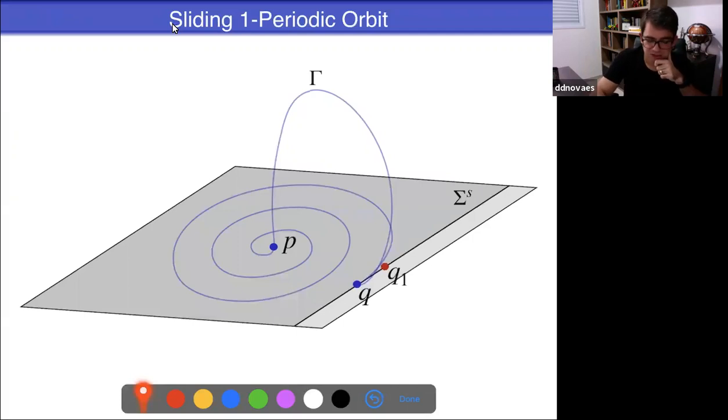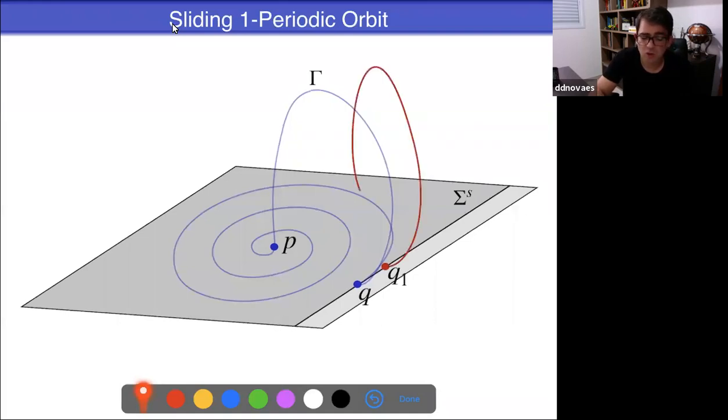Since the intersection of the forward flow of Q with the sliding region is transversal, then for Q1 sufficiently close to Q, the forward trajectory of Q1 also reaches the sliding region in a finite time.